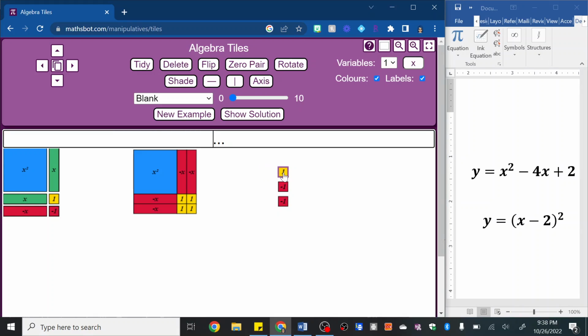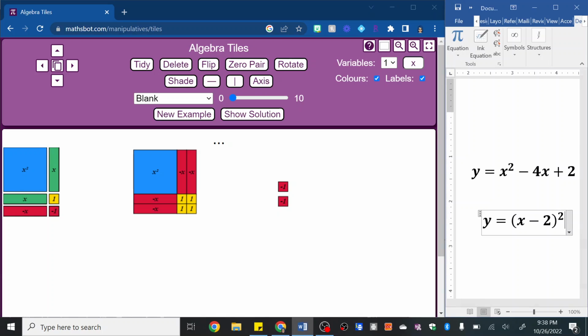These 2 also cancel each other out, and I'm only left with 2 negative single squares, which means at the end, I have -2. So what we've done here is an algebraic representation of completing the square for y equals x squared minus 4x plus 2.